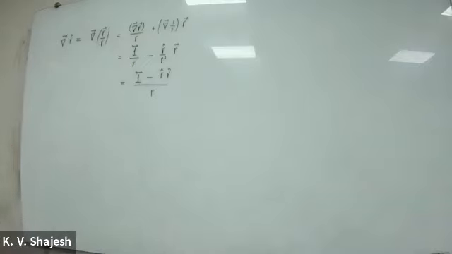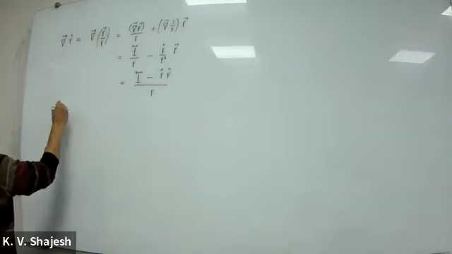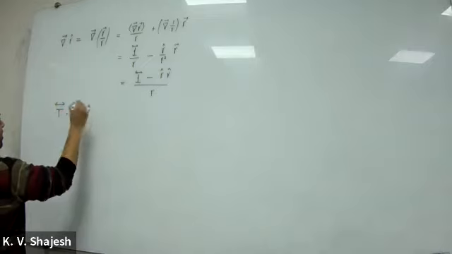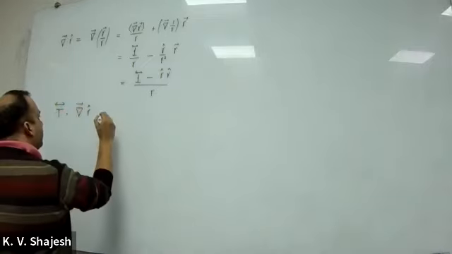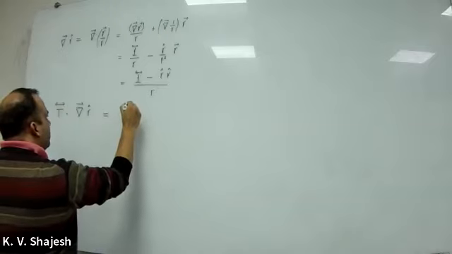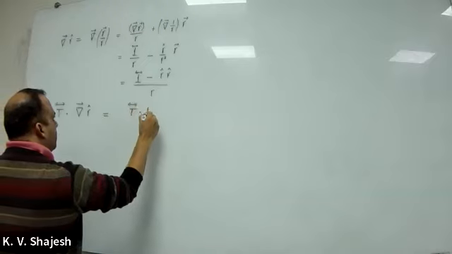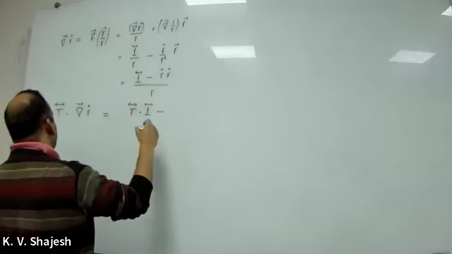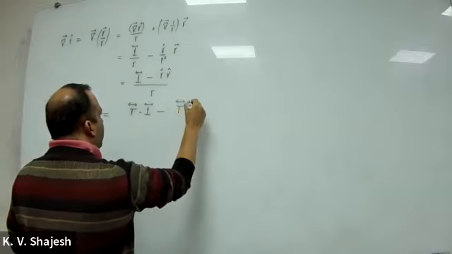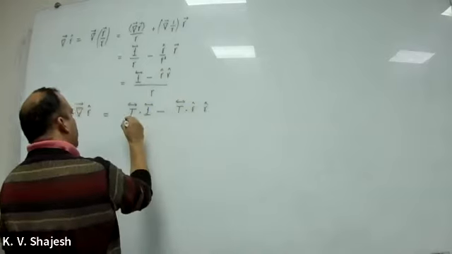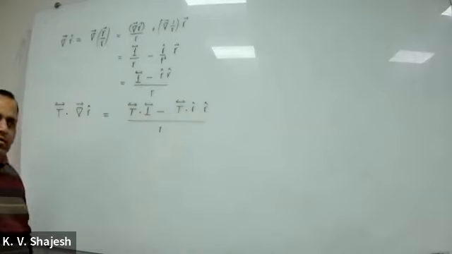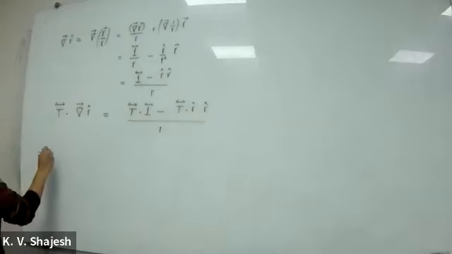So we are interested in vector T dotted with R hat. So apply this out and then the trace, right? So this is equal to T dotted with 1 minus T dotted with R hat times R hat over R. You are interested in the trace.